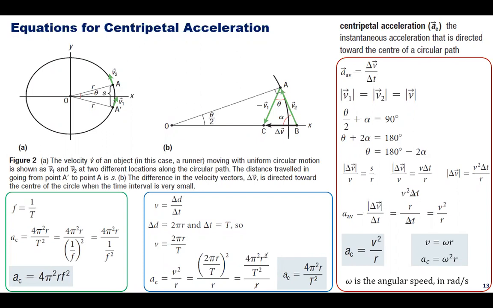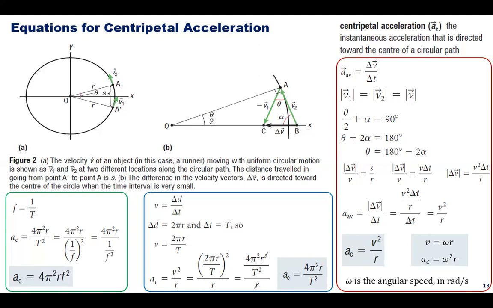Substituting V for the magnitude of either V1 or V2, and assuming a very small delta T, then we have the following relationship. The magnitude of delta V over V equals S over R. And eventually we have the magnitude of delta V equals V squared times delta T over R.